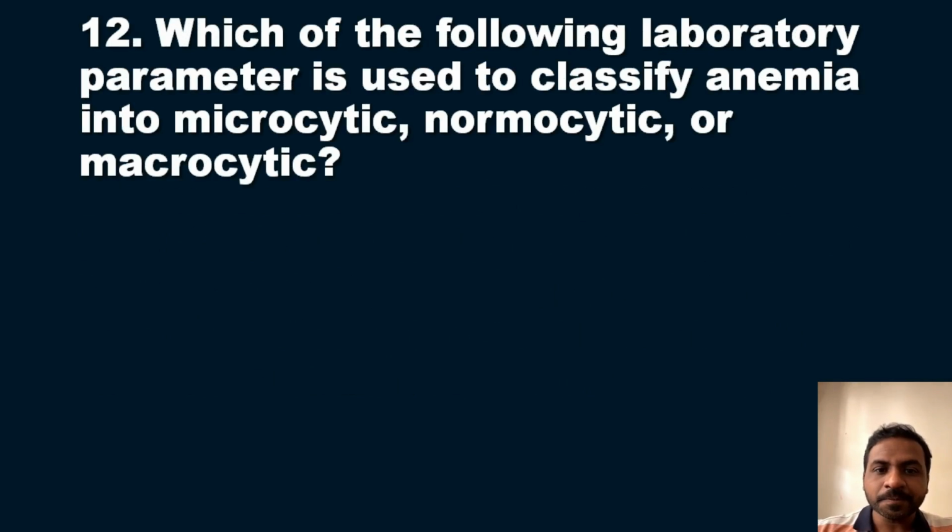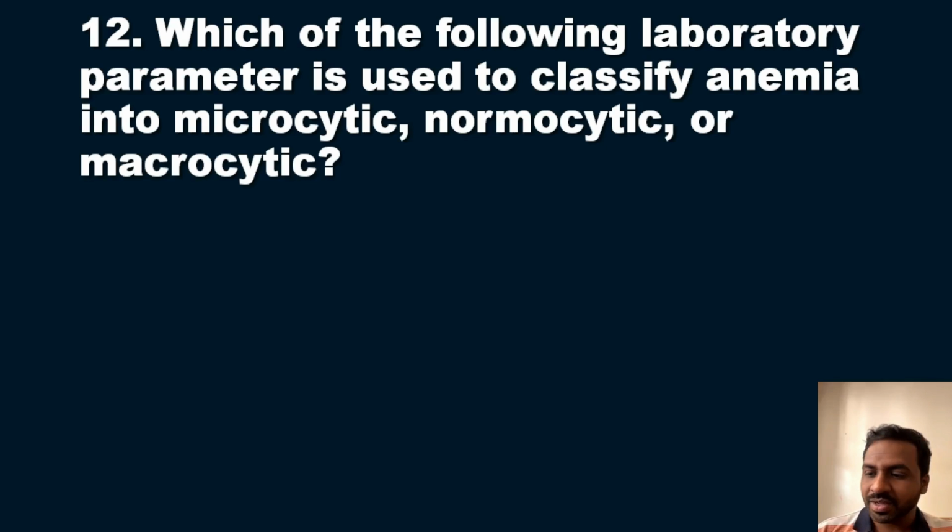The question is, which of the following laboratory parameters is used to classify anemia into microcytic, normocytic or macrocytic? On what basis are we classifying anemia?